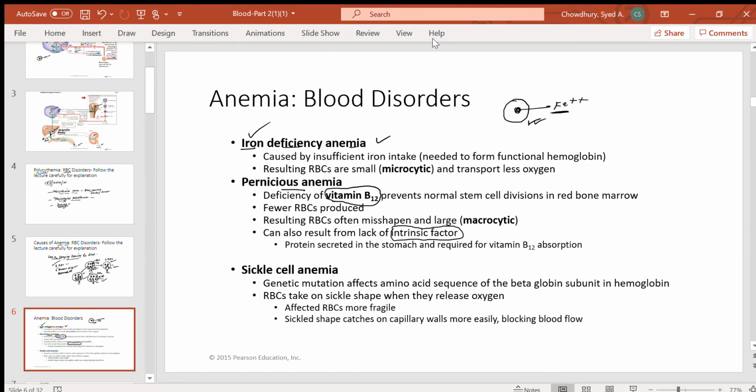Okay, so if this lack of vitamin B12 and intrinsic factor, they are not enough, then the bone marrow will not produce enough red blood cells. So in that case, the person will have low number of red blood cell related anemia that I explained before. Okay, so that is called the pernicious anemia.